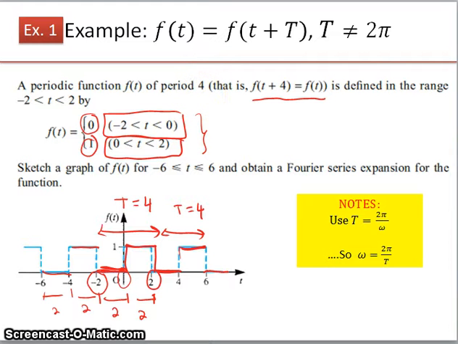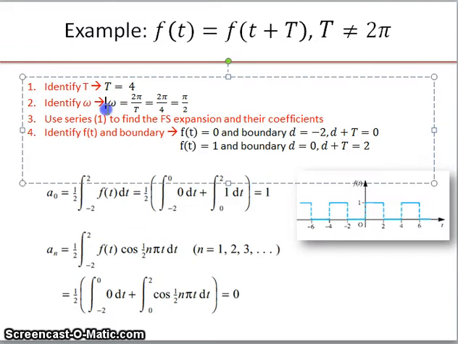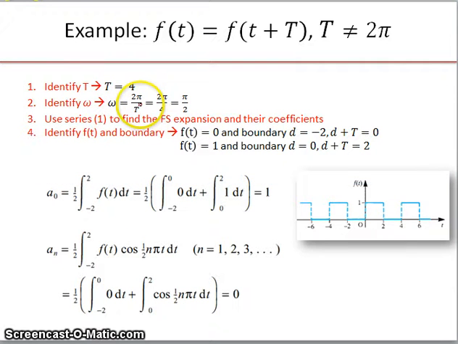So we know that now T equals 4, so omega is given by the equation 2 pi over T, which results in pi over 2. After that, since we know that the period here is not equal to 2 pi, then we can use series 1 to find the Fourier series expansion and their coefficients.